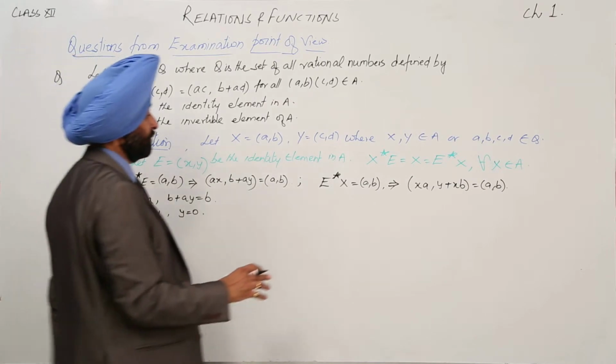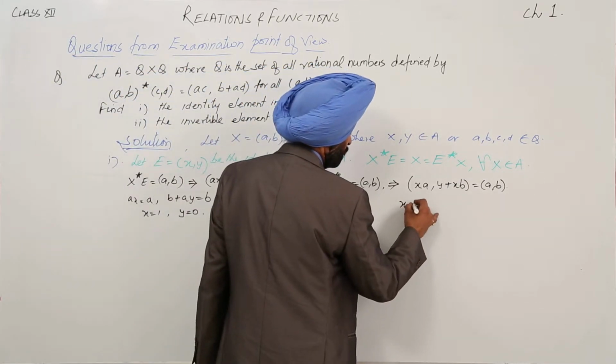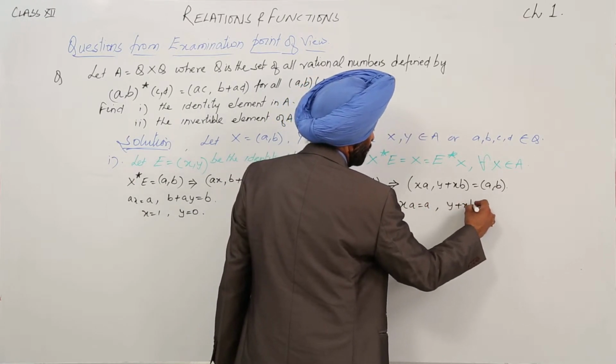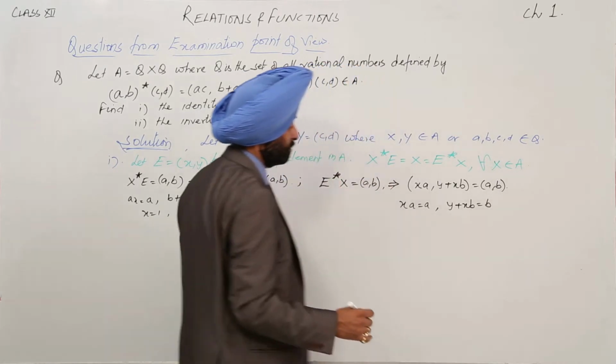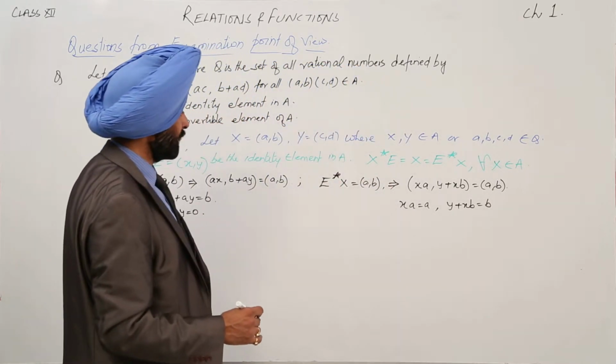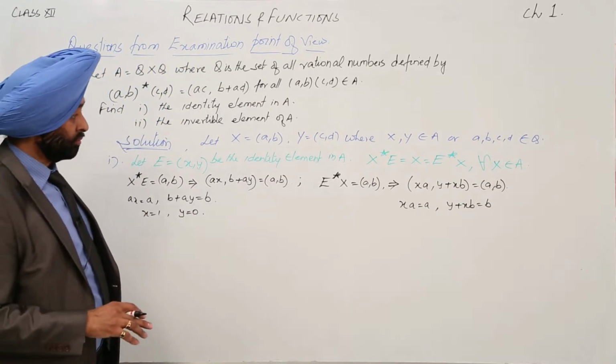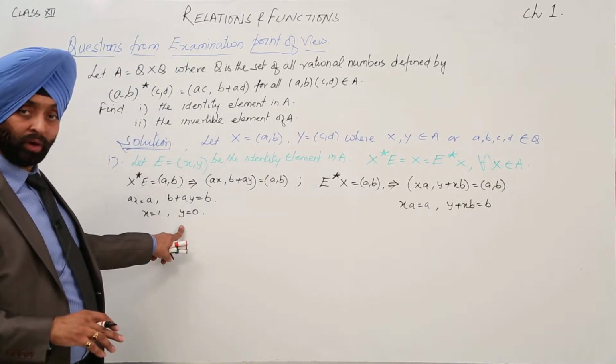Simple. Similarly for this part, xa = a and y + xb = b, which is equal to b. Now from this part, y is 0.